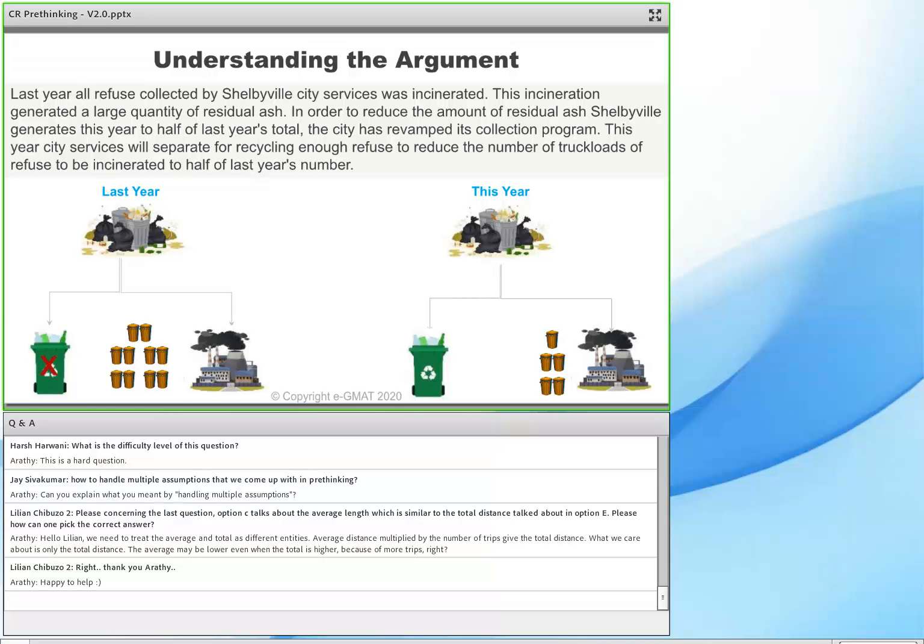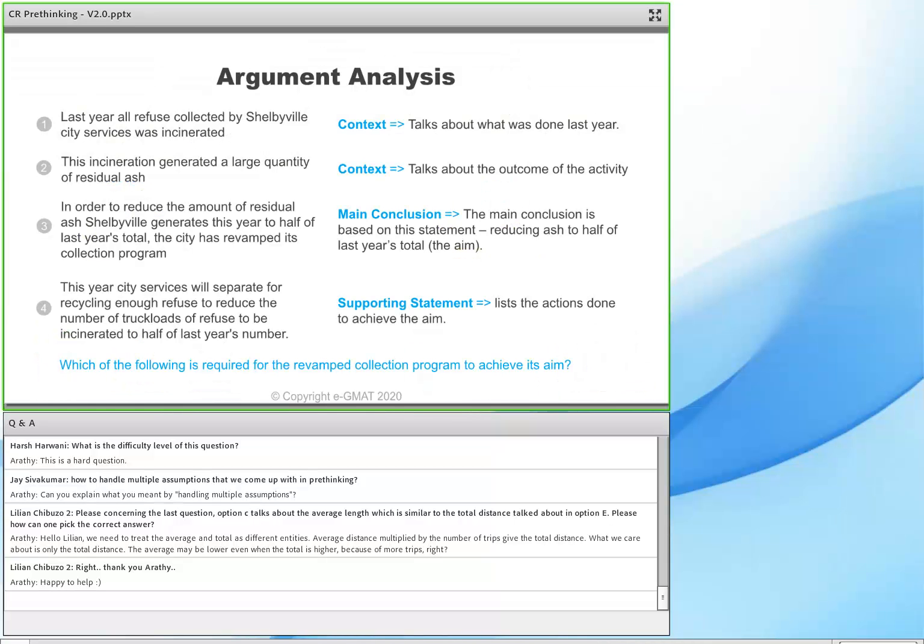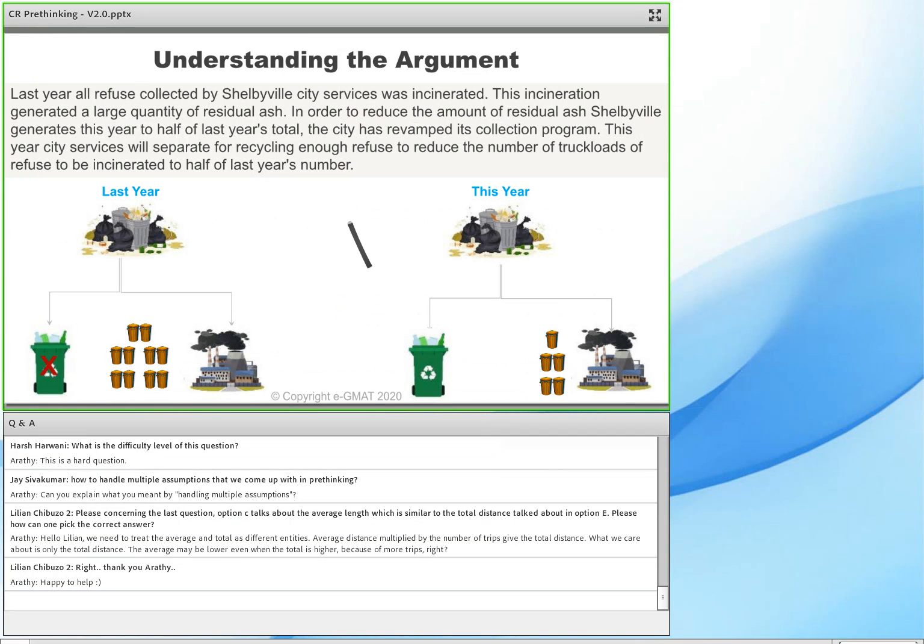If instead of collecting the same amount of garbage, I collect 10 times as much garbage, my question to you is, how many trucks do you think I will send for incineration if I collect 10 times as much garbage?